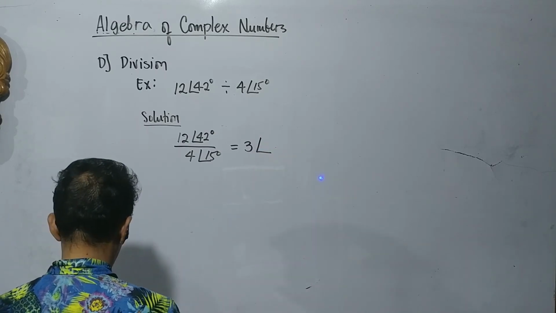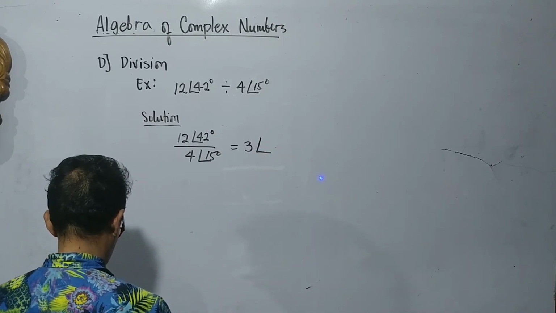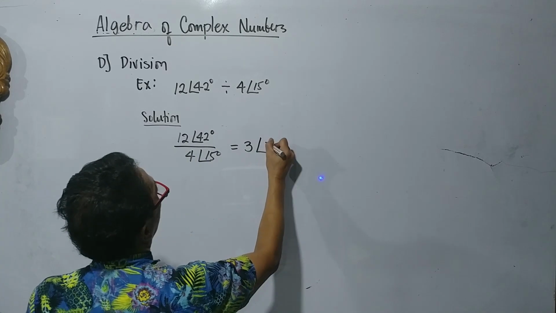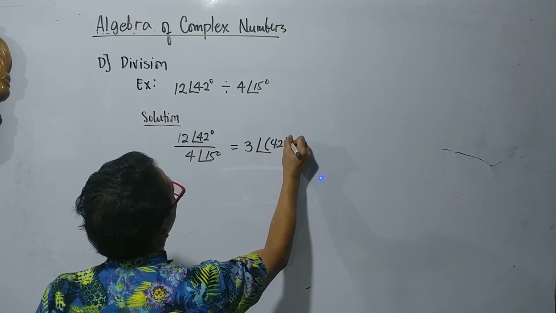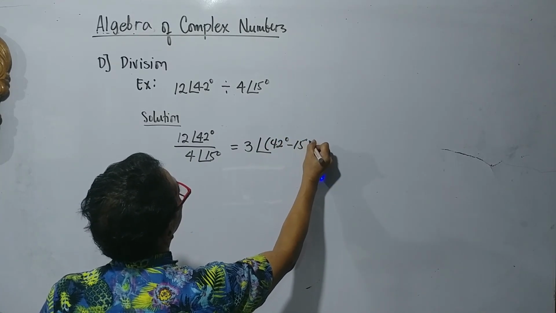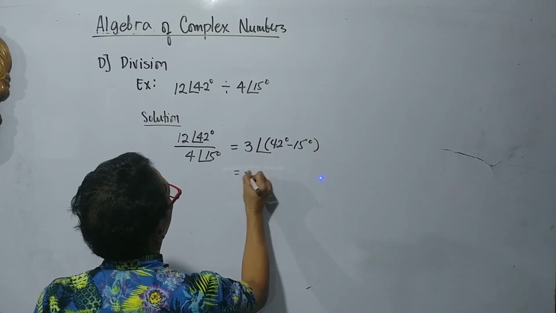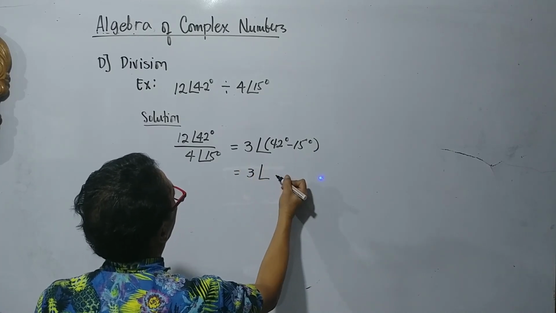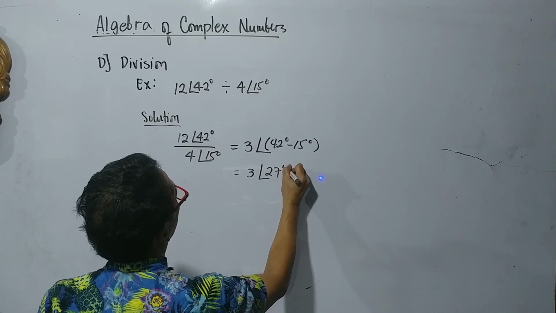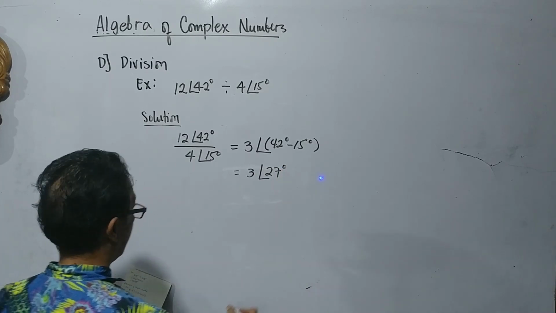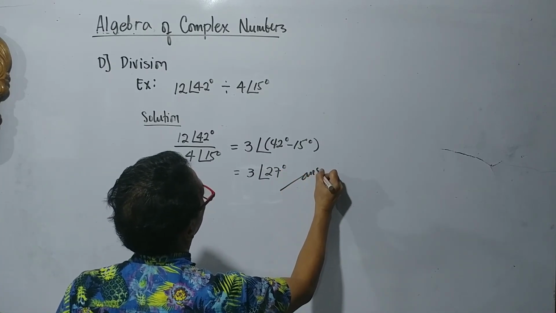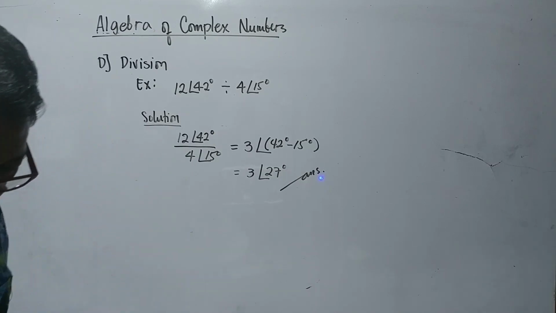Then subtract 42 degrees minus 15 degrees. So you have now 3 angle 27 degrees. Okay?